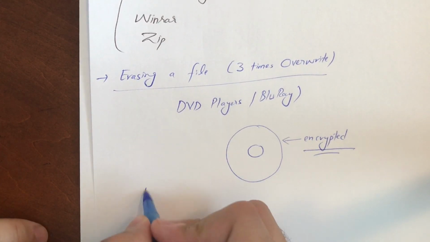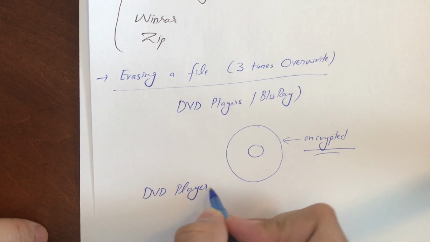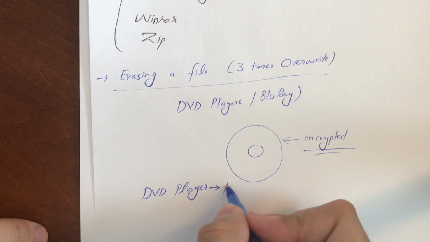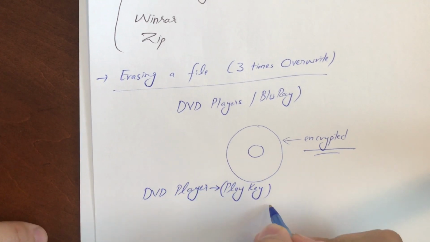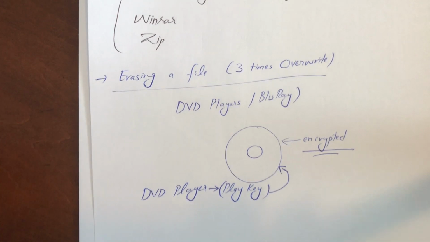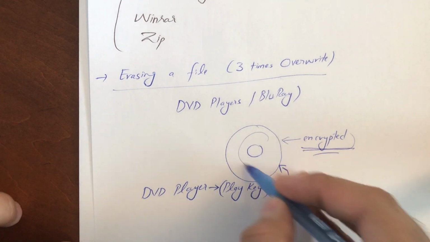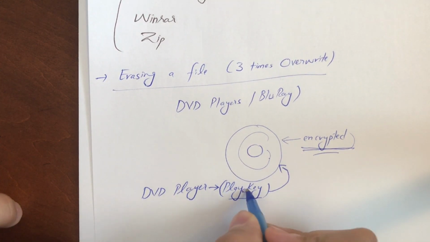The DVD player has its own player key, and that player key can decrypt the data written onto the DVD. On a DVD, data is compressed and encrypted. If you want to watch the data, you need to decrypt it. How can we decrypt the data? By using the DVD player key, in fact.